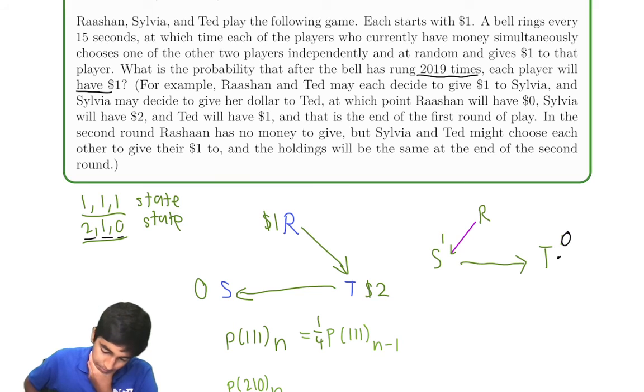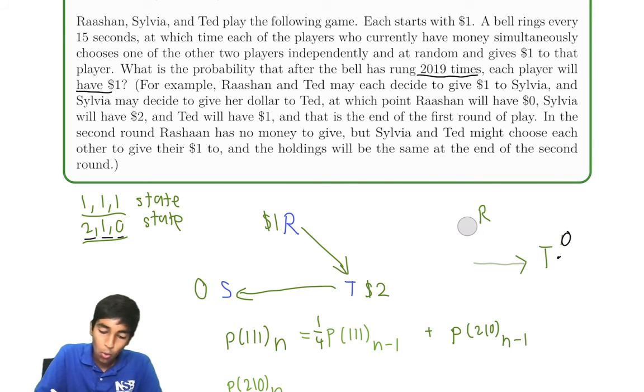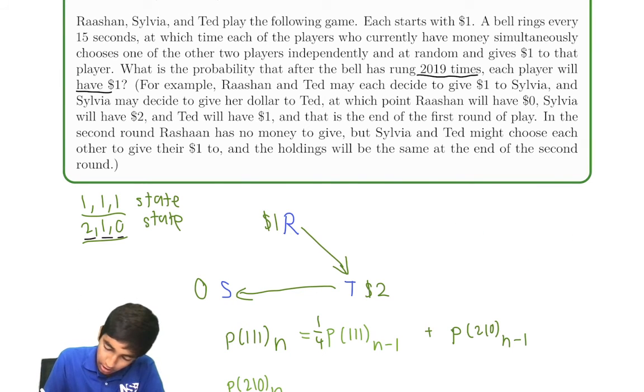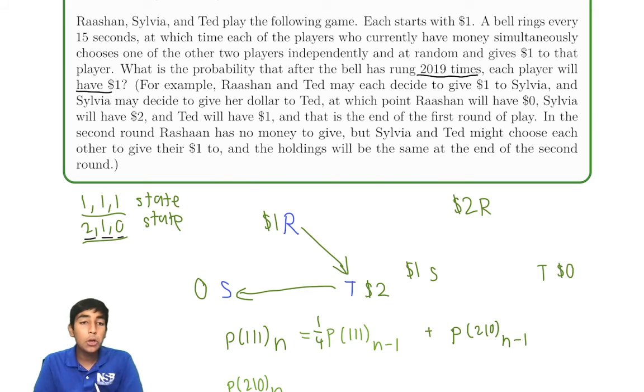Now, what about the other case? What about from P210 after n minus 1 moves? What's the probability of going back to the 111 state when there's already a 210 state? So let's say Rashawn has $2 now, Sylvia has $1 this time, and Ted has $0. So how can we go back to the 111 state?